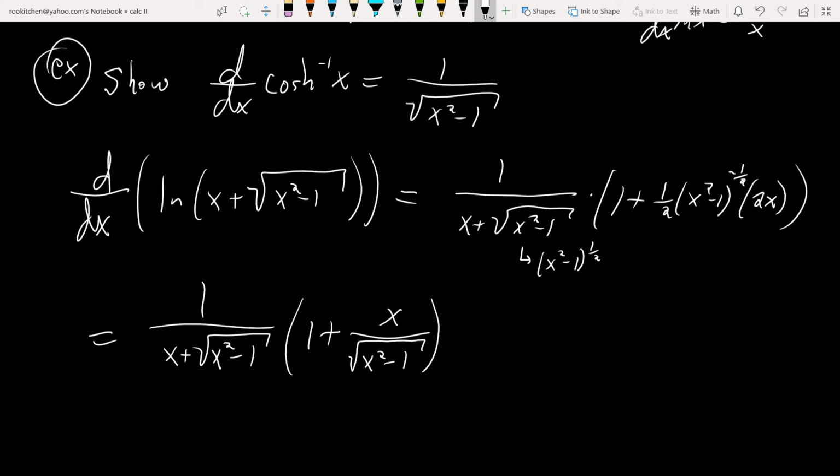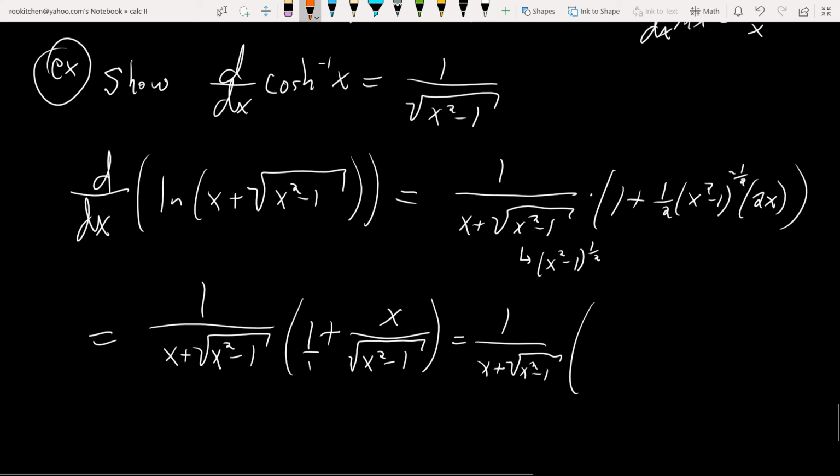Inside these parentheses, find a common denominator between the 1 and the x over square root of x squared minus 1. I'm multiplying top and bottom of the 1 over 1 by the square root of x squared minus 1.